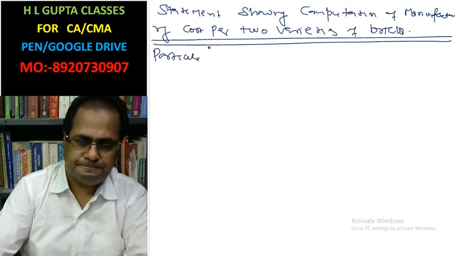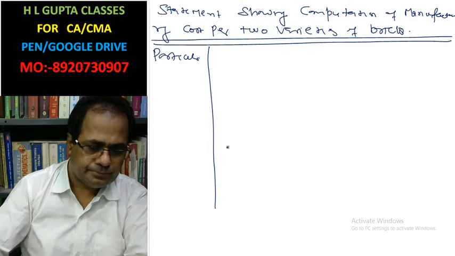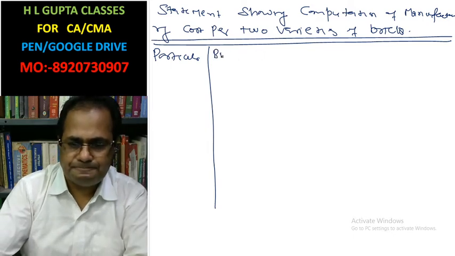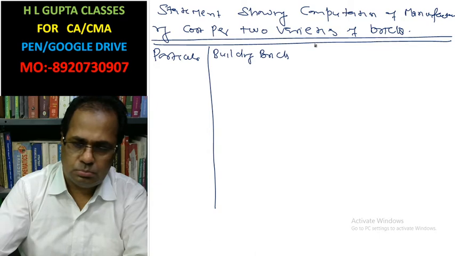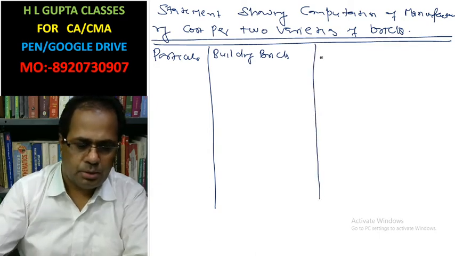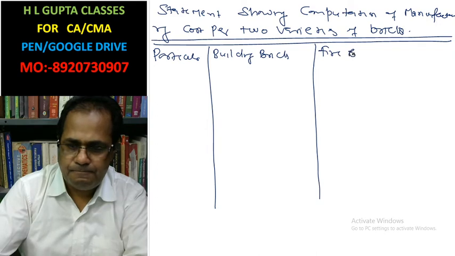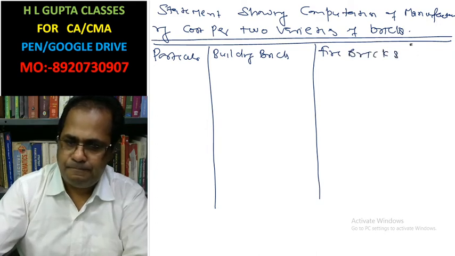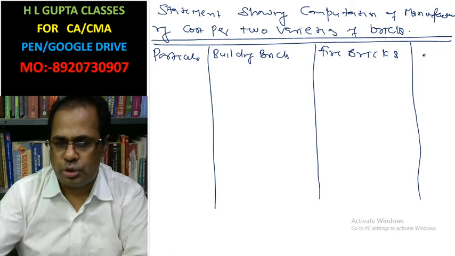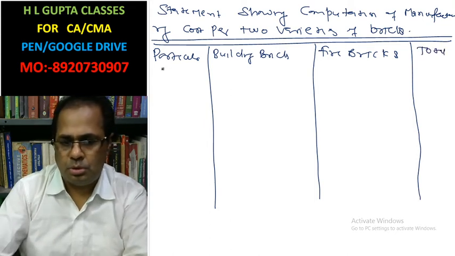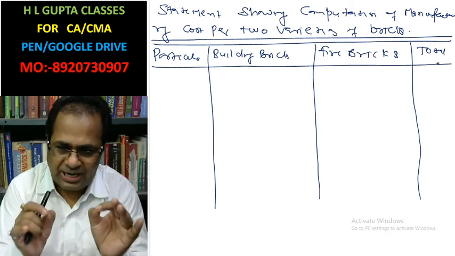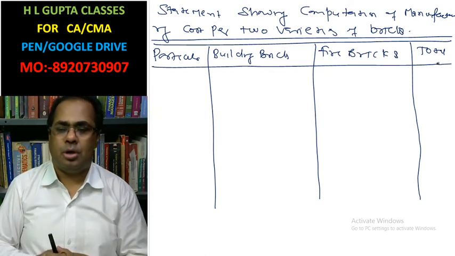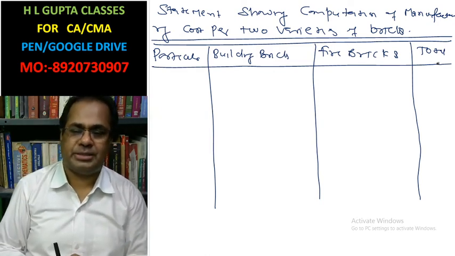Particulars: building bricks, fire bricks, total. This was what the question was asking, the cost of manufacturing of the two varieties.